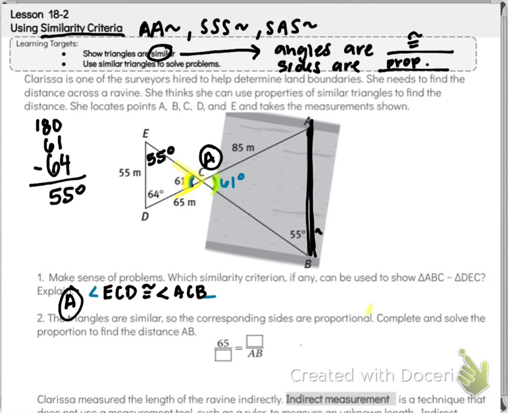Now that I did that, you should hopefully be able to see that I have a couple of angles that are the same. This 55 degrees is the same as this one, and that gives me the second A. So angle E is congruent to angle B because they're both 55 degrees.